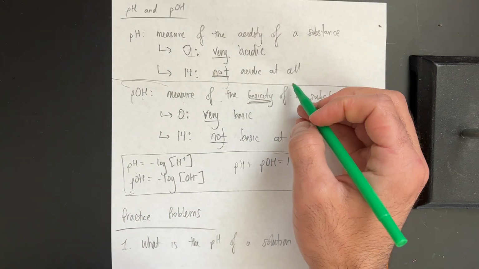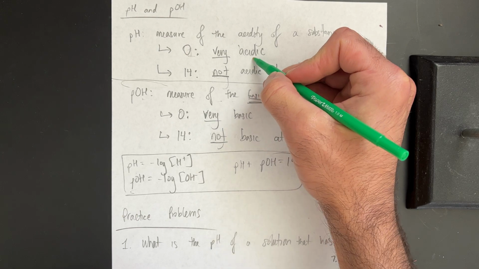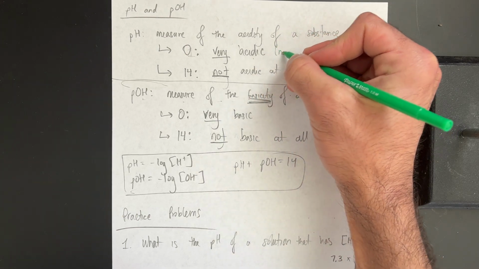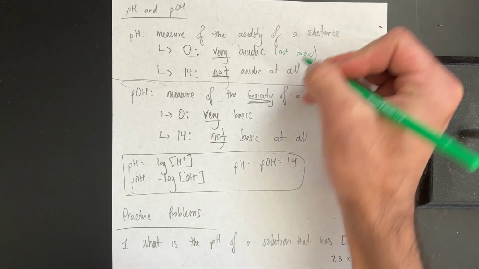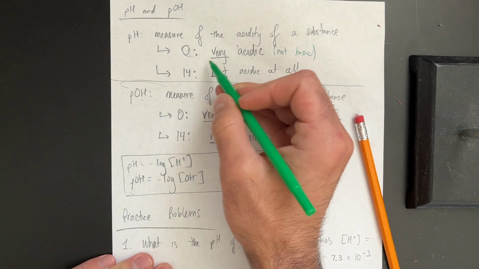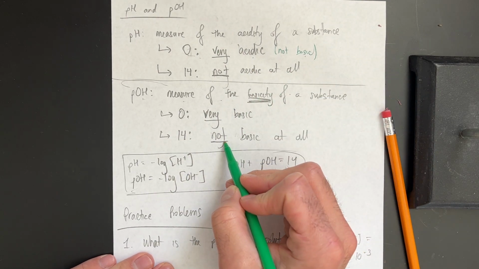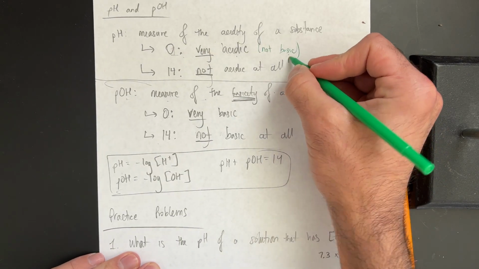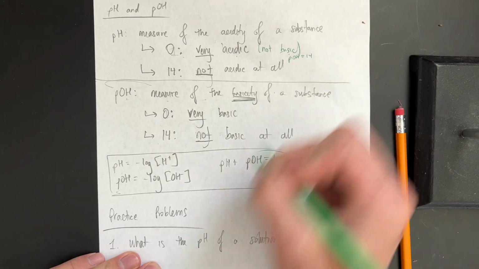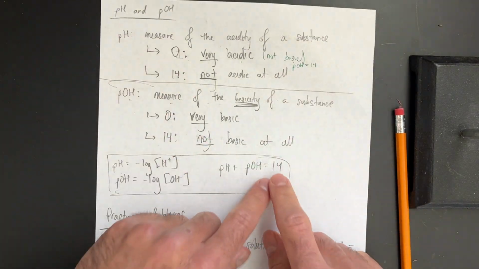The reason why this works is because if you have something that's very acidic, that means also that it's not basic, right? These are opposites. If something is acidic, it's not basic. If something is basic, it's not acidic, right? And so if something has an acidity of 0, it's going to be very not basic. What is not basic? Well, it has a pOH equal to 14, right? pOH 14 plus pH 0 is equal to 14.